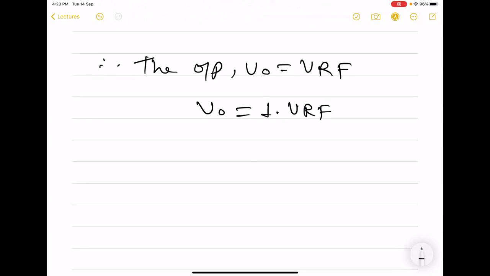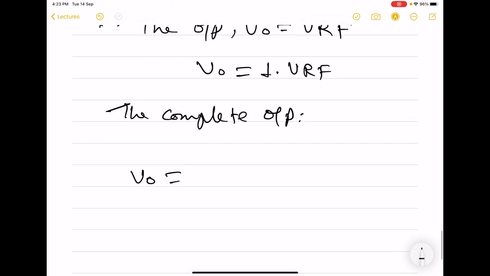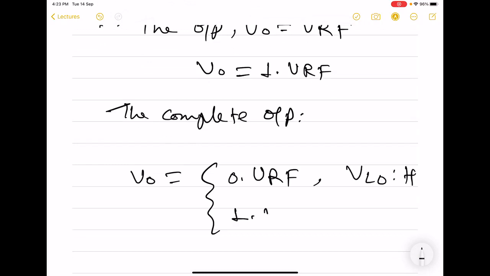So now we can write the complete output. The complete output for the two halves is 0 into VRF when VLO is high, and 1 into VRF when VLO is low.